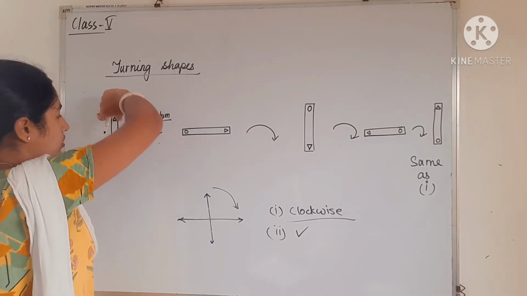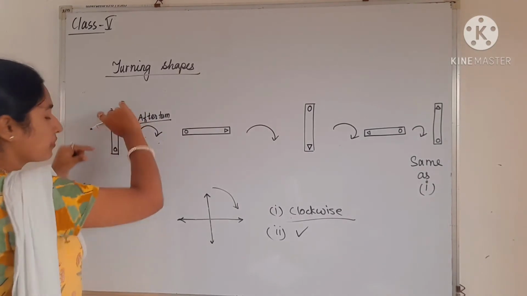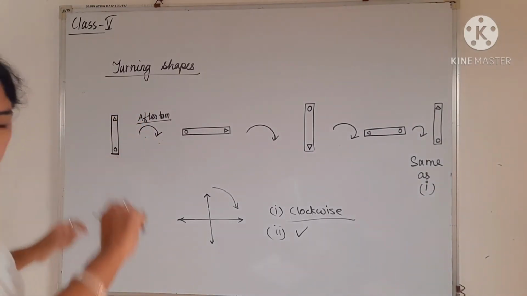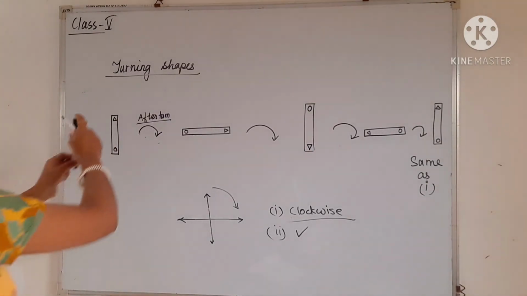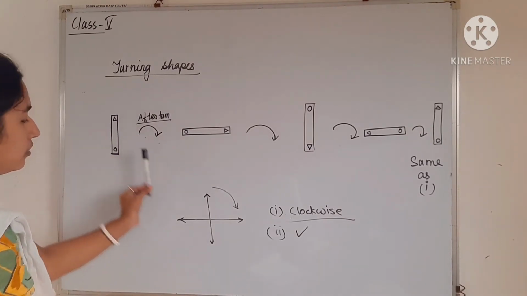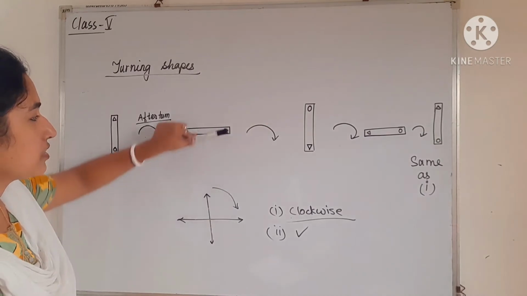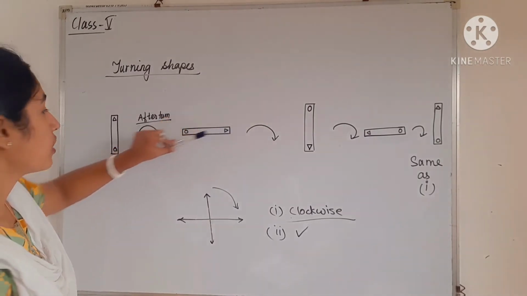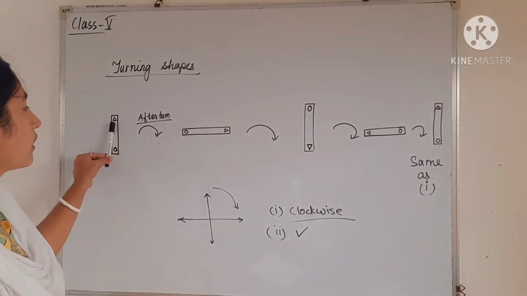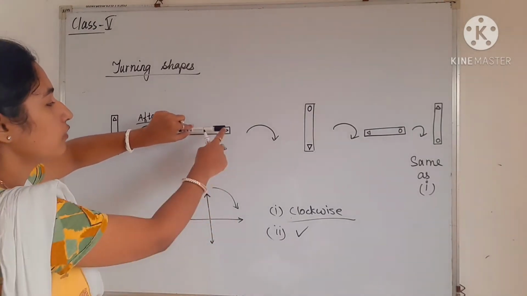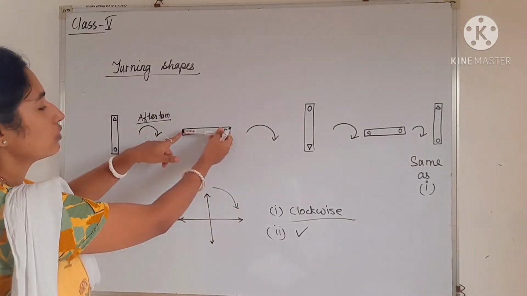So when I turn this one, it has to be like this. That means this will be the position. Now you can see the triangle shifts its position. The triangle will go to that side and the circle will go to that side.